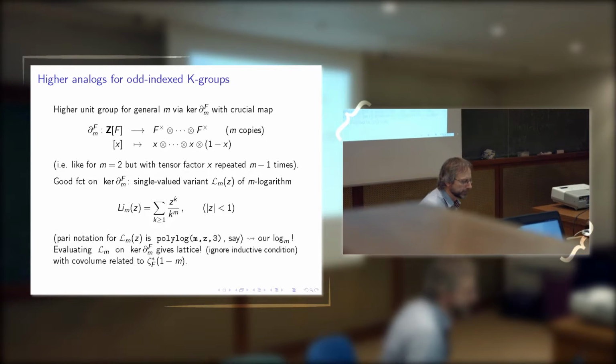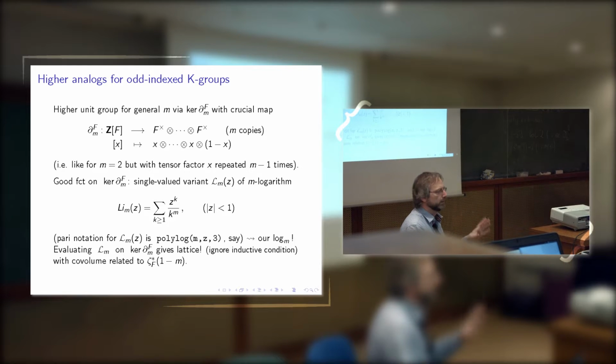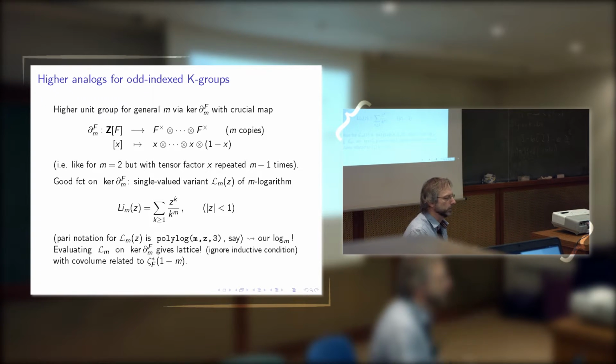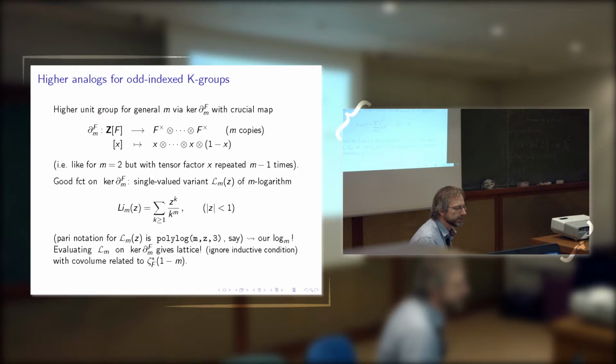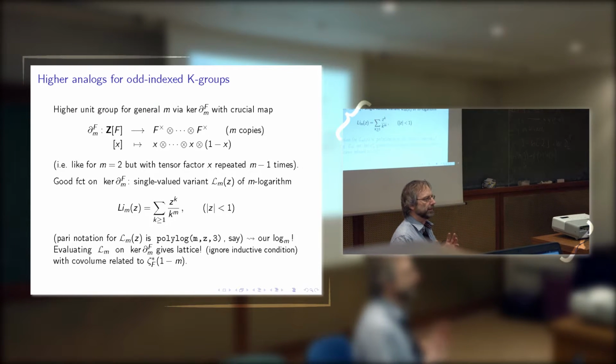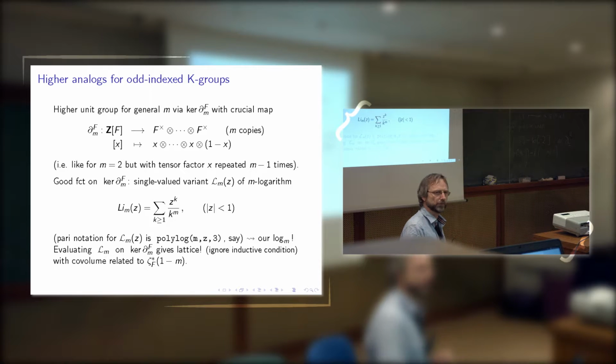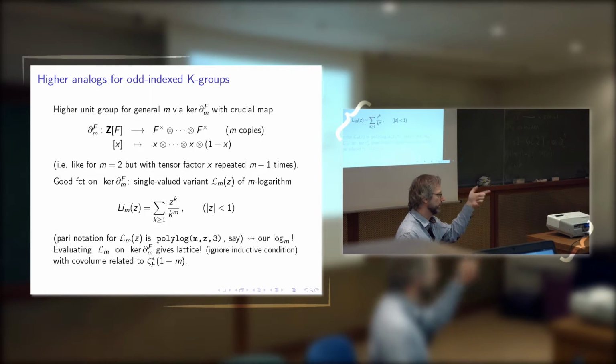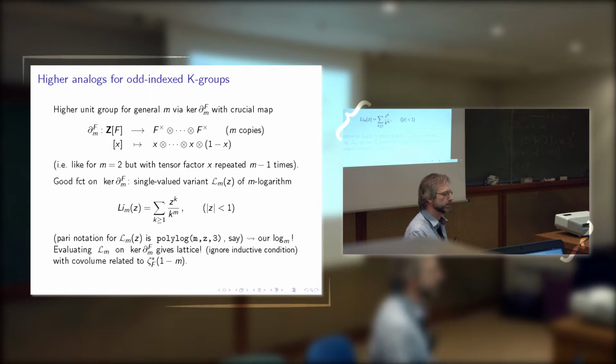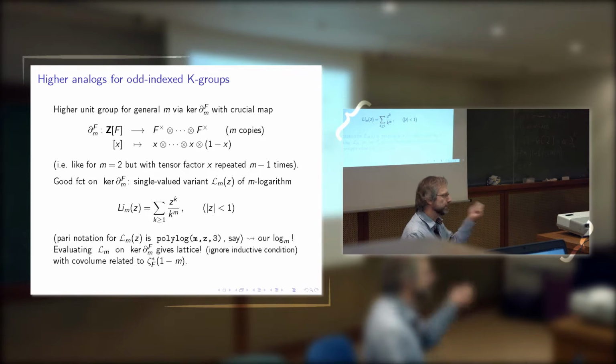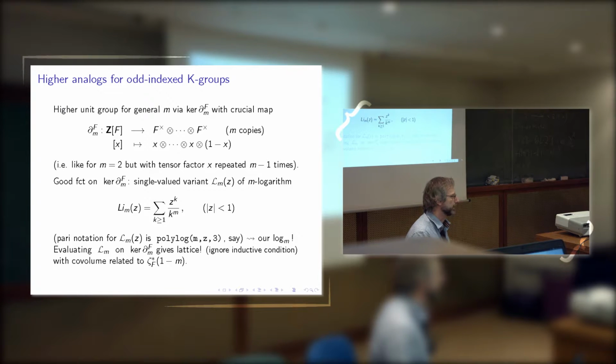And a good function on that kernel, the one that we would be aiming for in that formula, would be a single-valued variant of the polylogarithm. The polylogarithm is just taking the power series of minus log 1 minus z and generalizing it in a quite obvious way.